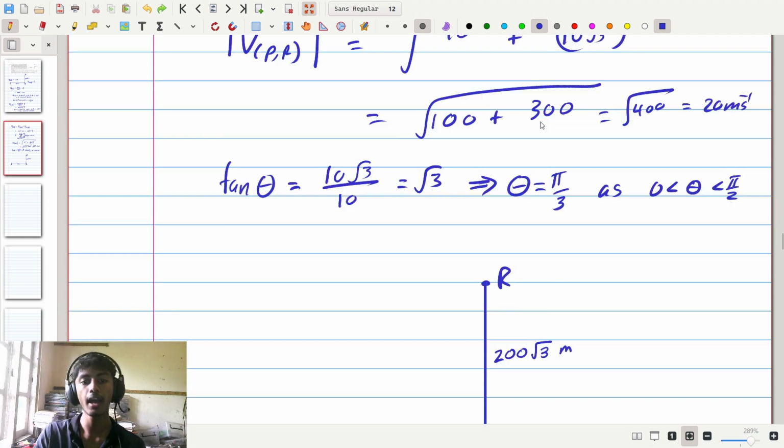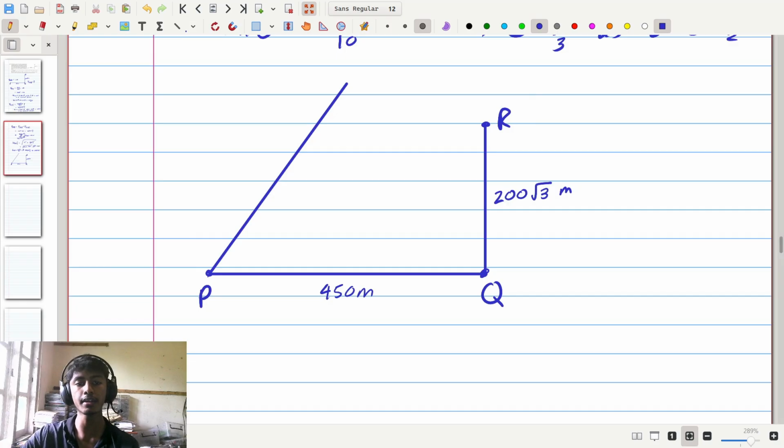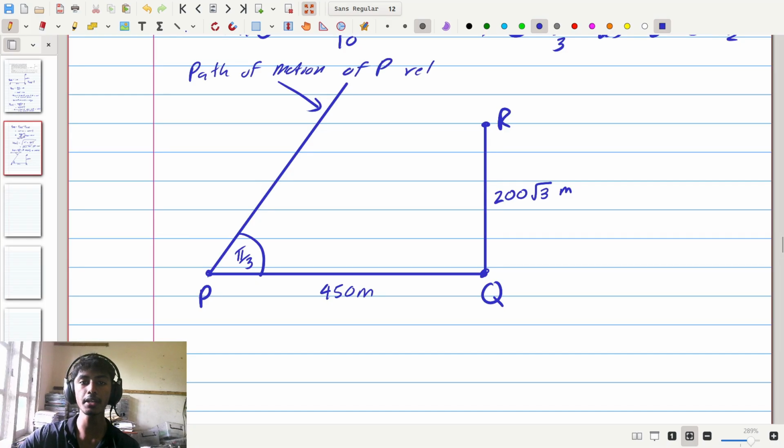Due to that, as the boat P moves relative to R, it will move in the same direction like this. So therefore the angle here will be pi by 3 radians, and this path here will be the path of motion of the boat P relative to the boat R.